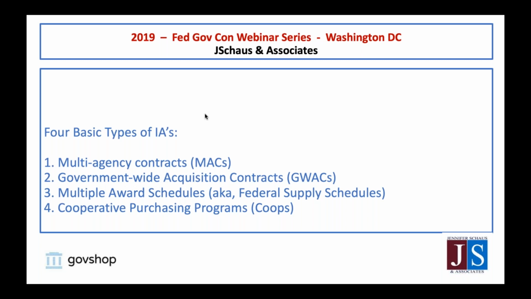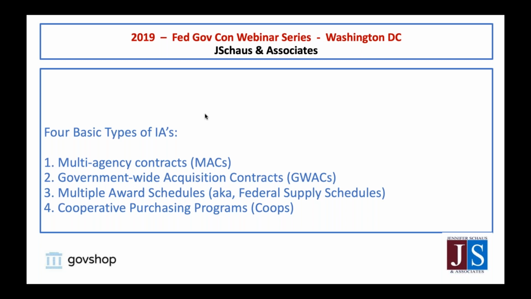That's actually a subcategory of MACs, although we hear it used pretty synonymously with any type of broad agency or multi-agency contract, even though GWACs are actually solely used for IT hardware and IT buying, authorized by the Clinger-Cohen Act.